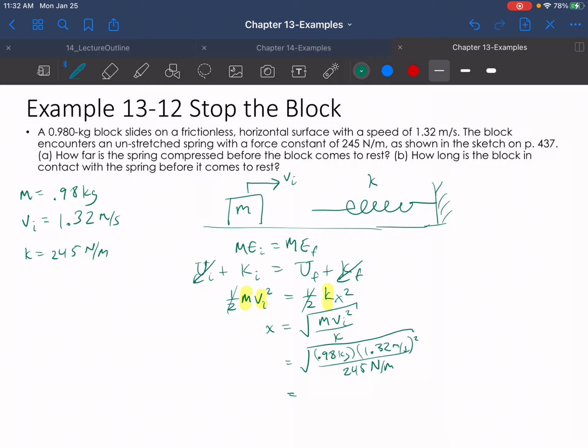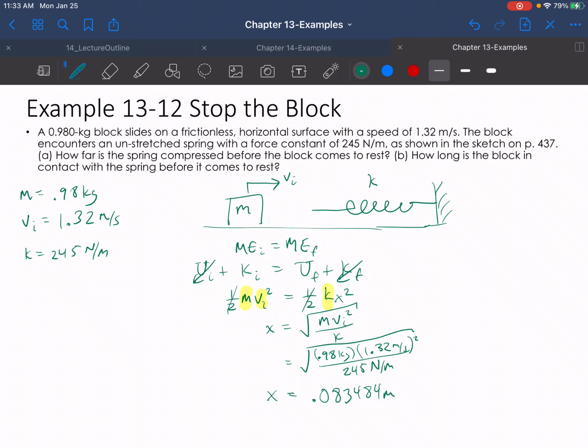Of course, be sure to check me on that. 0.0834484 meters, so about 8.3 centimeters. That's not too much, but that would be our answer to part A. It would take it that long before it came to a stop.